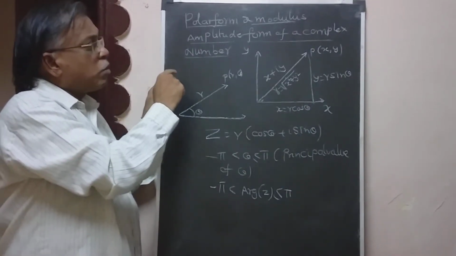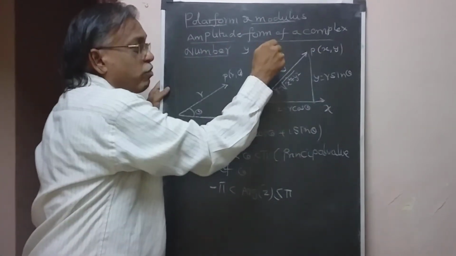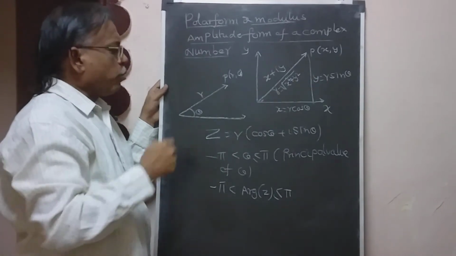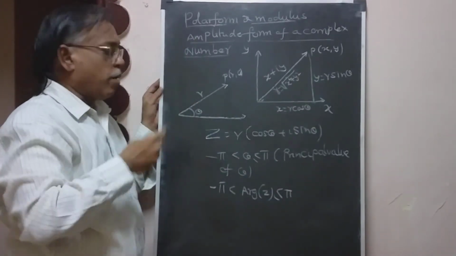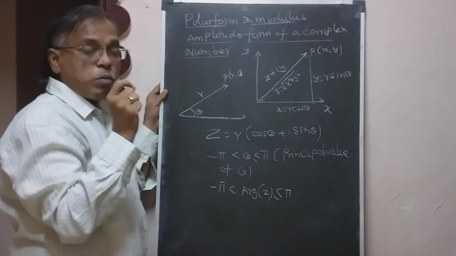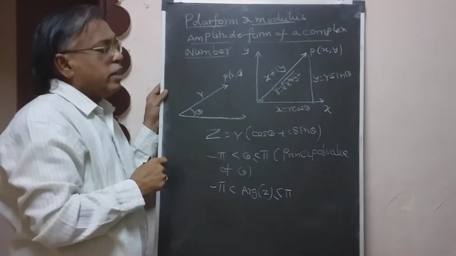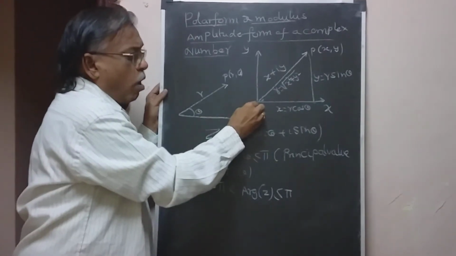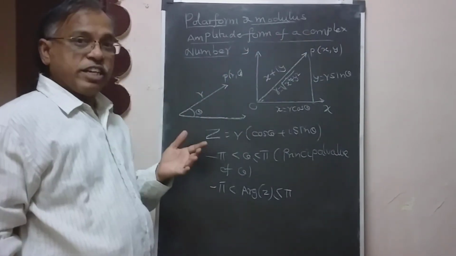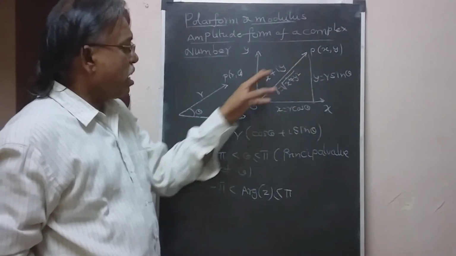But in polar form or modulus amplitude form, this point P is uniquely defined as r comma theta. Then what is r, what is theta? R is nothing but the magnitude or the modulus of the complex number z, and that is nothing but the distance from the origin to this point P, that you already know, we studied.